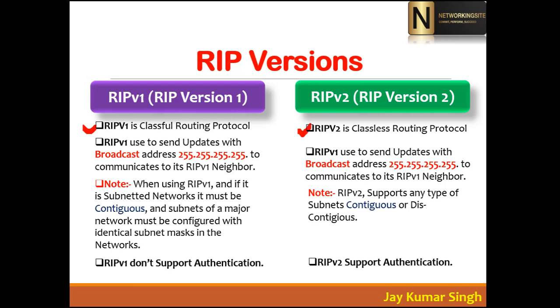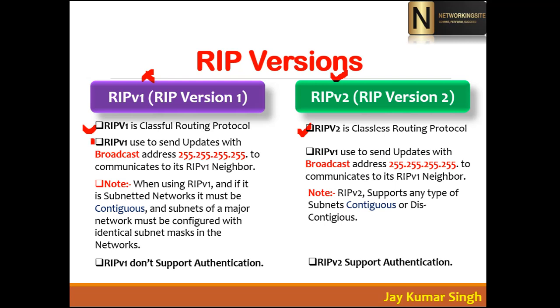RIP version 2 supports both classless and classful, meaning normal networks as well as subnetted networks. Nowadays RIP 1 is not in use, RIP 2 is in use, because you will find subnetted networks everywhere. No one uses default networks nowadays.